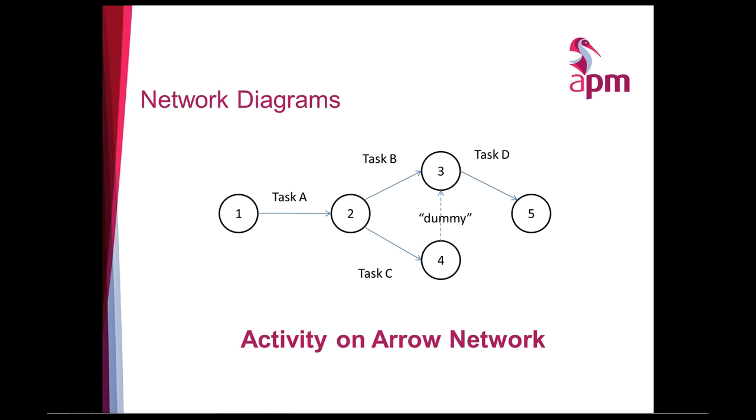I don't personally like it because in order to complete the logic, you need to have dummy activities to link the nodes together. Both are used, but I prefer the activity on node, and that's the one we're going to be covering today.